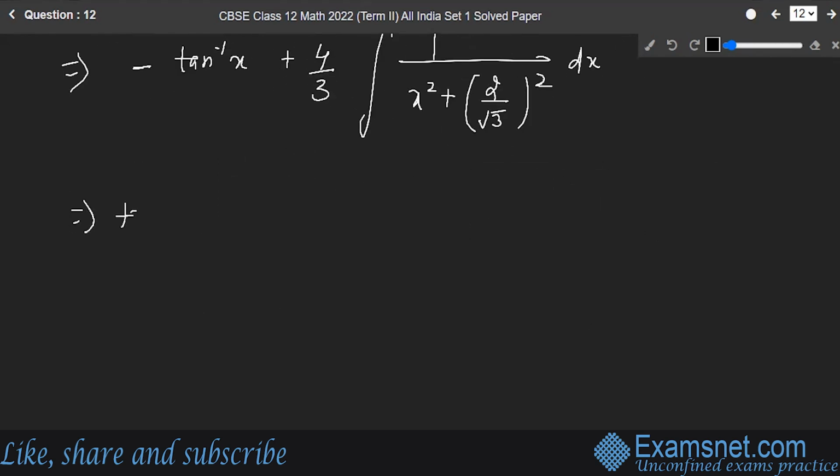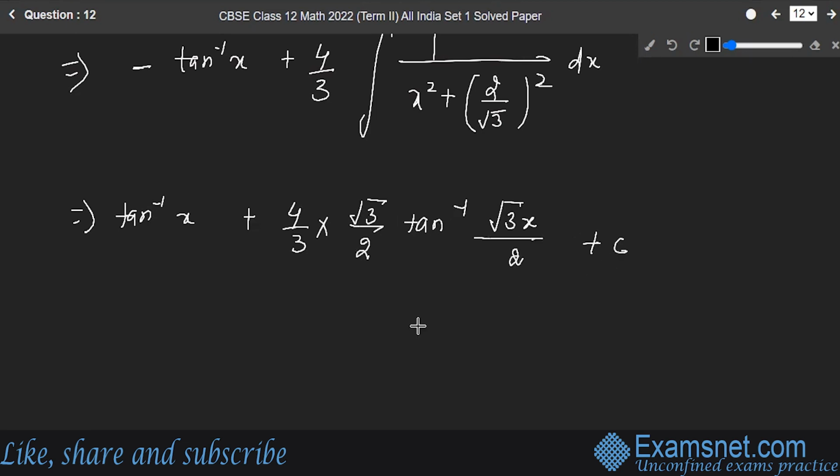So this is tangent inverse of (x plus 4/3) into root 3 by 2, that is tangent inverse of root 3x upon 2 plus c. Or that is equal to 2 upon root 3 tangent inverse of root 3x upon 2. Now this is not under the whole root.